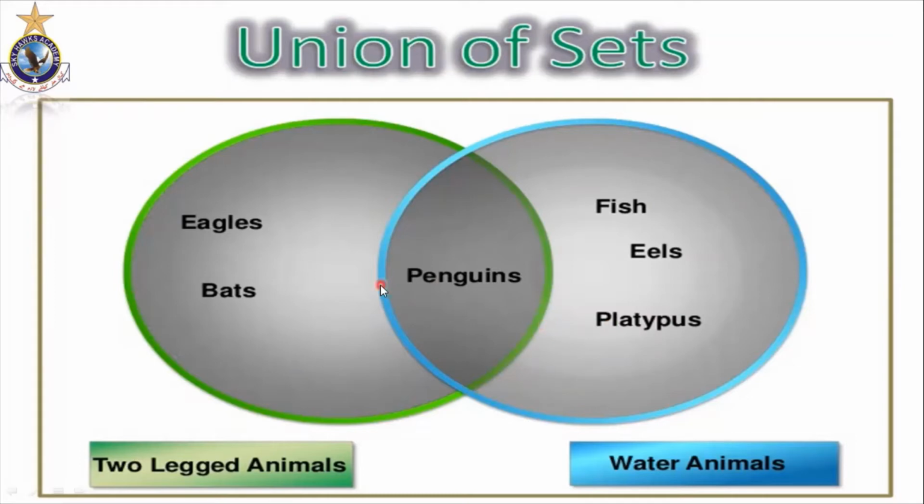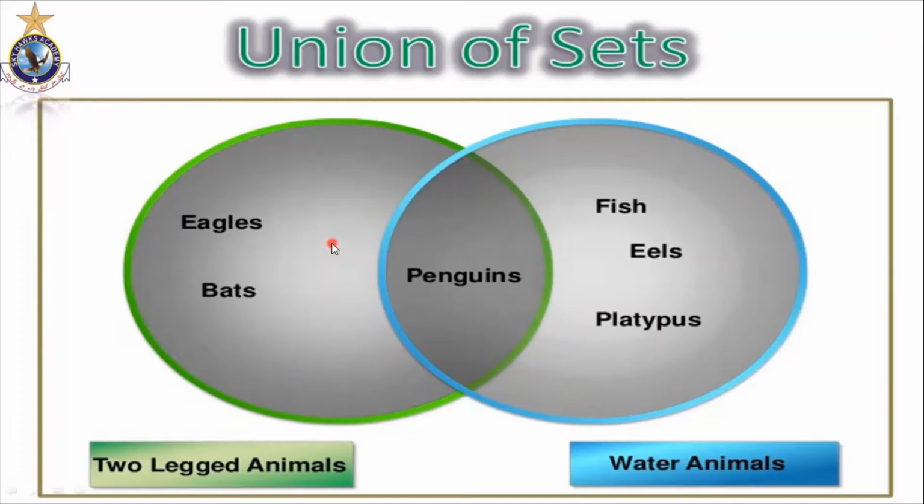So when we are making the diagram, union can be represented as the collective area of both the circles, both the sets, collective elements. Either they are present in the first set, or in the second, or in both. We will not repeat an element once we are counting.